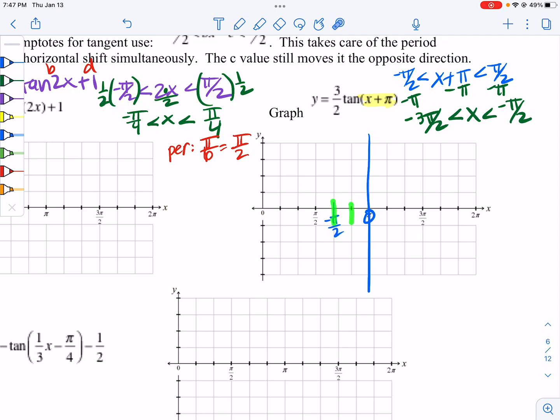So negative pi, negative 5 pi fourths, negative 3 pi fourths. Goodness gracious. Sorry. Okay. So then my asymptotes are going to be at negative 3 pi halves, so here, and at negative pi halves, so here.